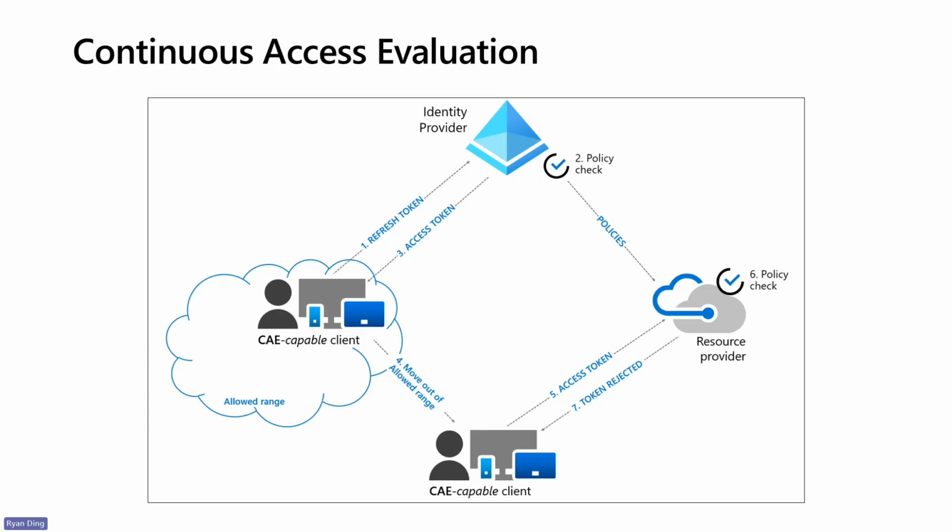As soon as I leave the office location, CAE can see that my user status or my conditions have changed, and a critical event is generated that can be subscribed to, and now those services can automatically and immediately revoke my access, right? So that's one way we can much more quickly revoke access rather than having to wait for those tokens to expire.